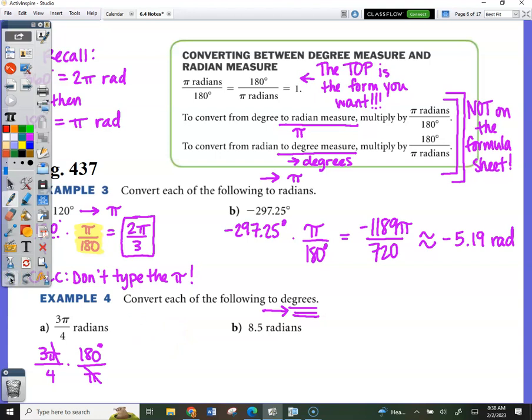If you do forget when to use which fraction, especially with radians, you should see a problem if you set it up wrong.